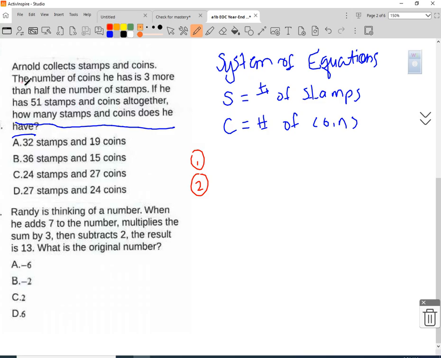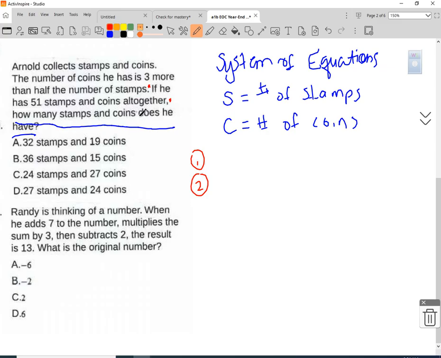Once again, the number of coins he has is 3 more than half the number of stamps. If he has 51 stamps and coins all together, how many stamps and coins does he have? So let's start with this one. This one is probably the easiest one to write.